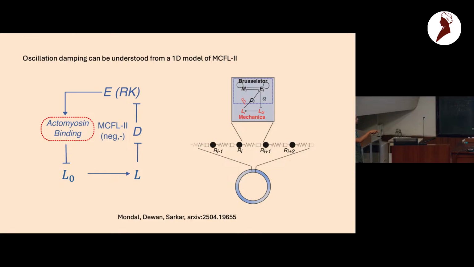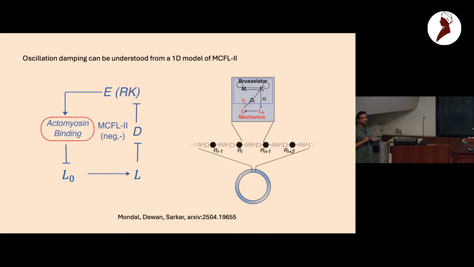And each of these springs has this mechanochemical feedback in which the mechanics, which is governed by the instantaneous length and the instantaneous rest length of these cells, is coupled to the chemistry of the ARC, which is a Hopf oscillator, which we model here as a Brusselator. What is interesting is that our choice of Brusselator does not matter.